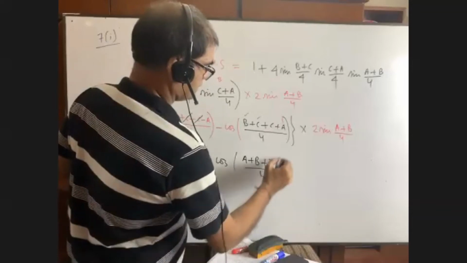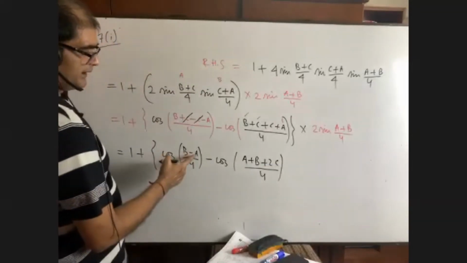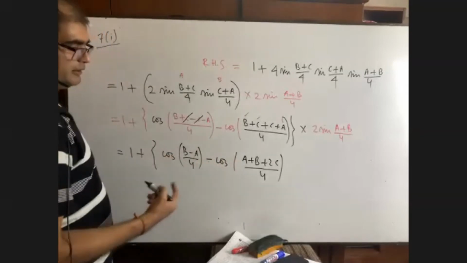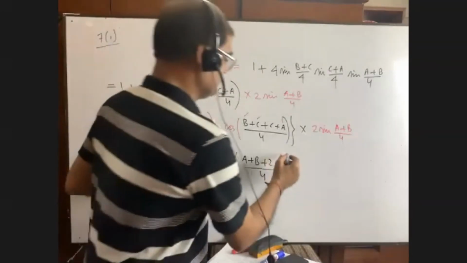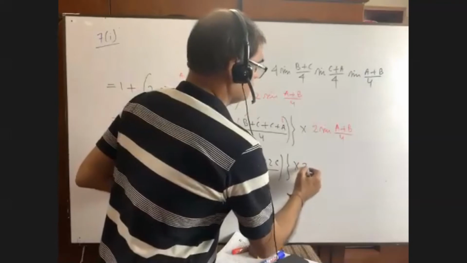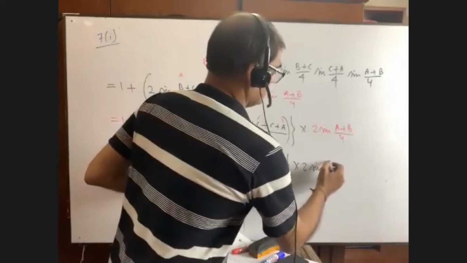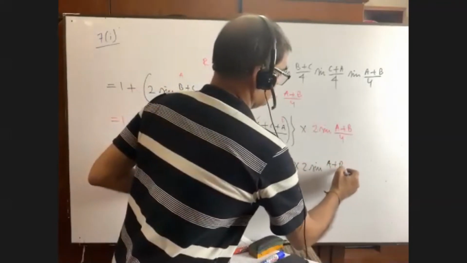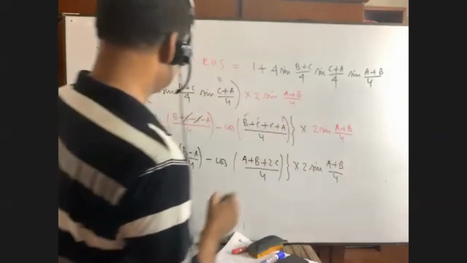Because from here we'll get, minus A plus A will be omitted, into 2 sine A plus B by 4. Just please try to understand.